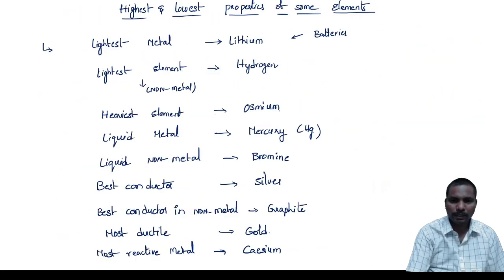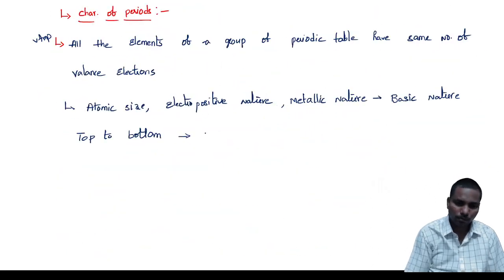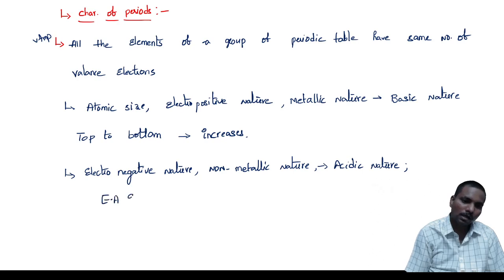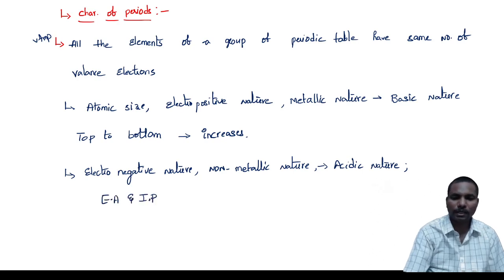So we can note down the point: top to bottom increases. And which decrease, guys? The opposite. Opposite of electropositive nature is electronegative nature, non-metallic nature, acidic nature, electron affinity, and also ionization potential.